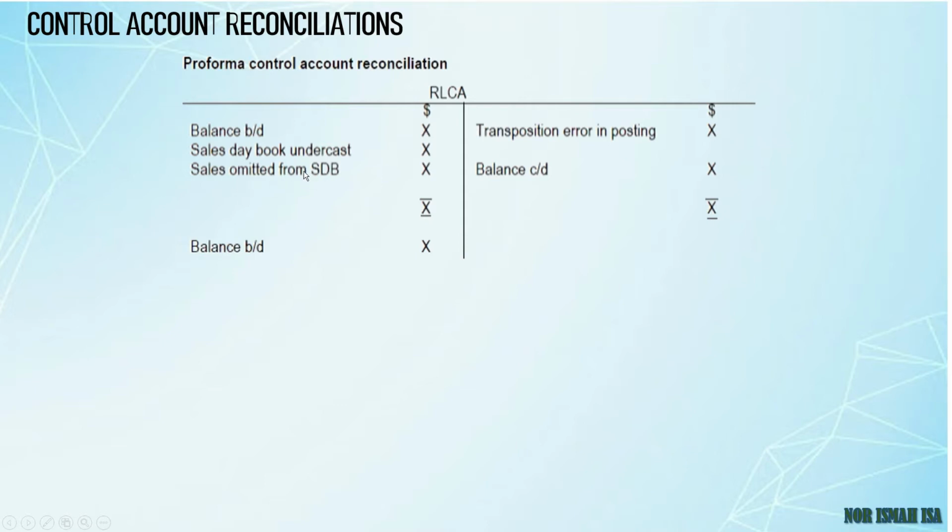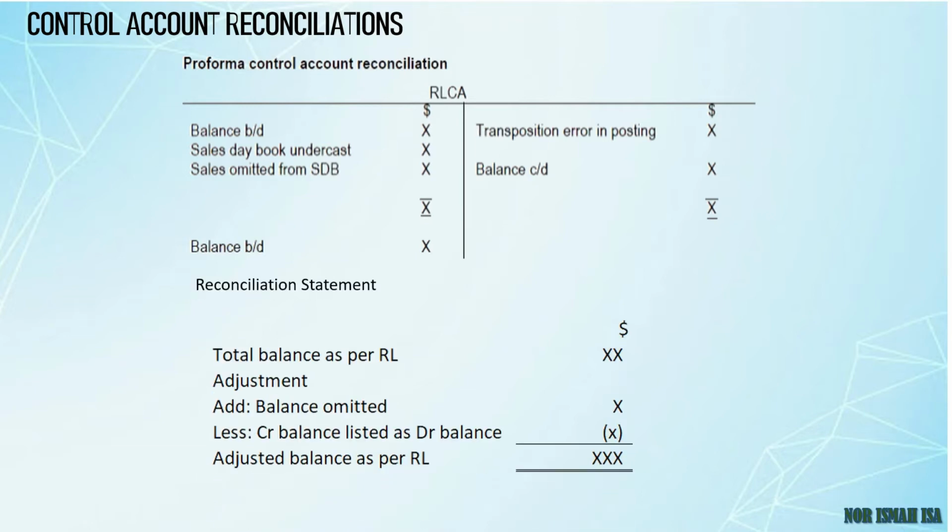We just debit this receivable ledger control account. And for a transposition error in posting, the amount transferred is more than the real amount, so you need to credit this receivable ledger control account.